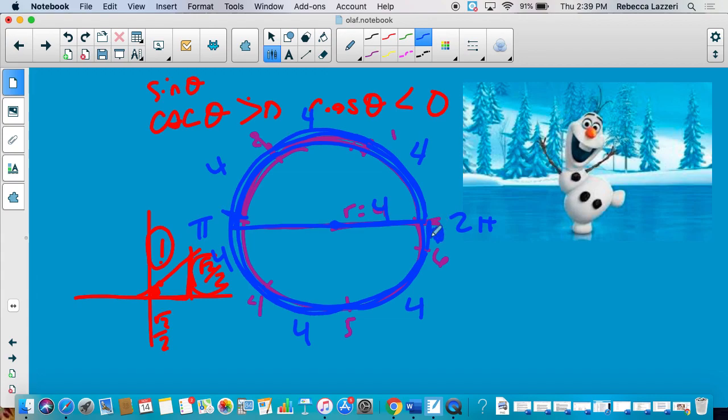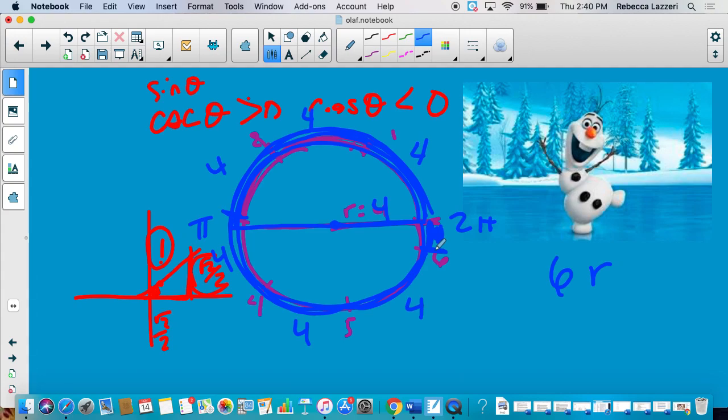So the circumference of a circle is not 6 times the radius. I didn't quite get the circumference of that circle, did I? It's what times the radius? Pi. Well, it's more than 24, right? Do you agree it's more than 24?